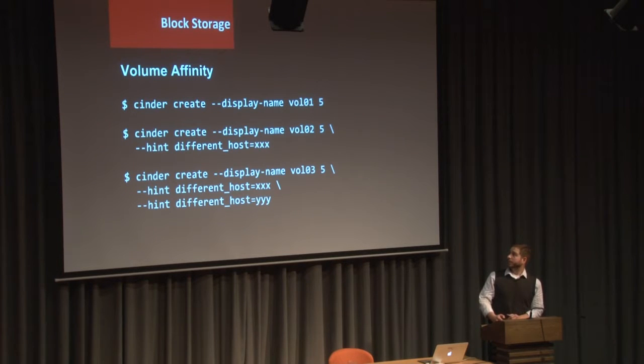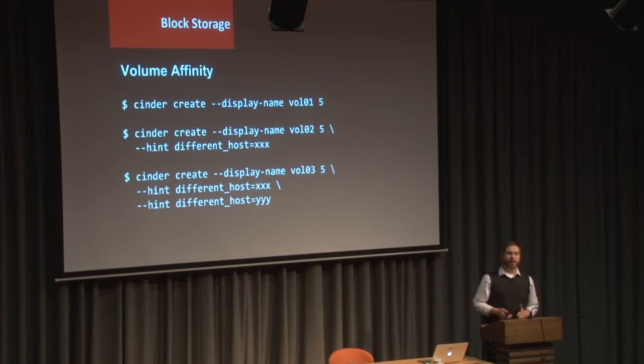I mentioned before that per region in our cloud, we have 3 dedicated volume servers. So what happens if a user creates 2 volumes and attaches them to the virtual machine, but those 2 volumes are actually hosted on the same volume server? If that volume server goes away, they've lost 2 volumes, even though we told them it would be safe. OpenStack has a feature called volume affinity.